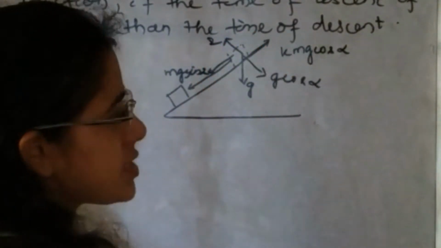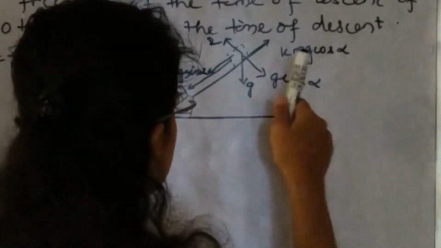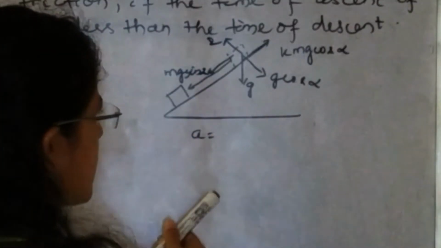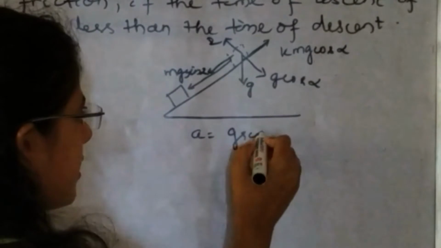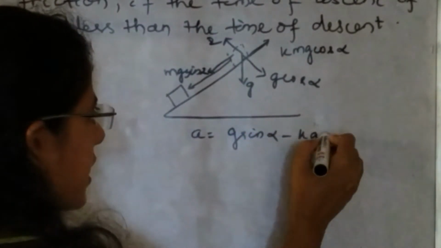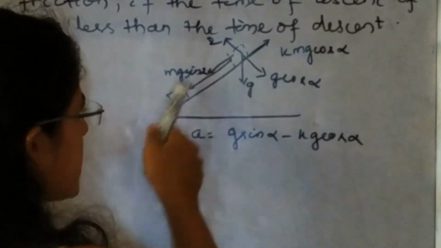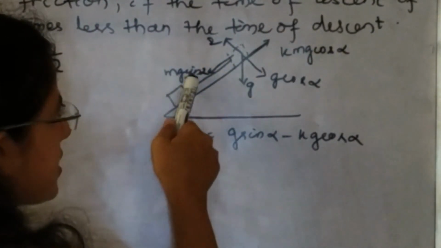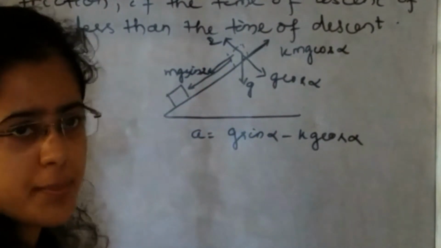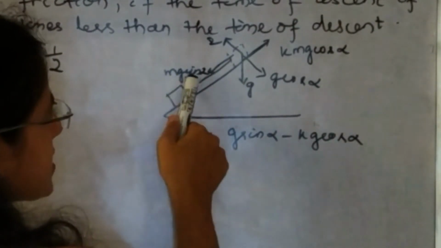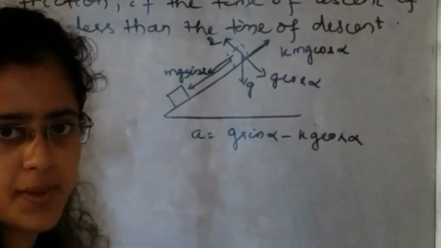So the frictional force is k into R. In this case, the acceleration is g sin alpha minus kg cos alpha, because the body is moving in this direction, and in this direction the force due to gravity is mg sin alpha. F is equal to ma, so the acceleration is g sin alpha minus kg cos alpha.